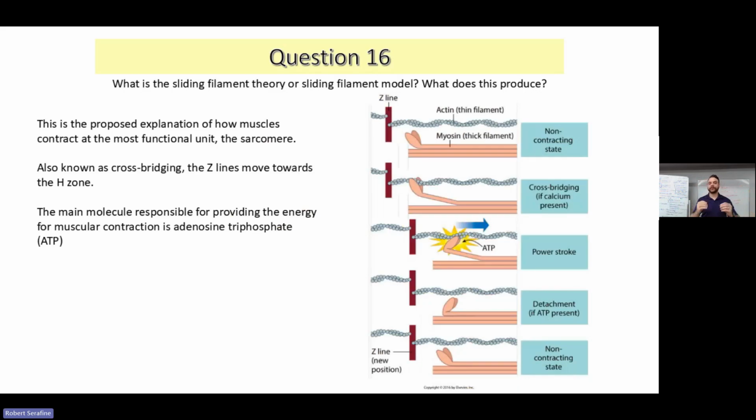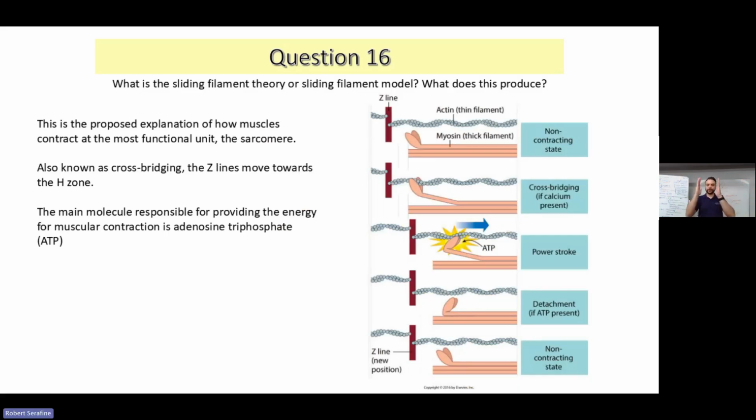We call this the sliding filament theory or the sliding filament model, where through the various steps, as you see in the diagram, which includes the power stroke and the detachment cycles, the myosin grabs onto the actin and pulls it towards the center.